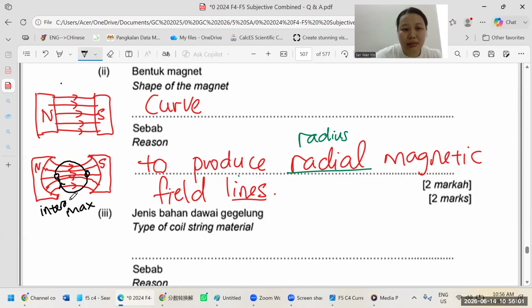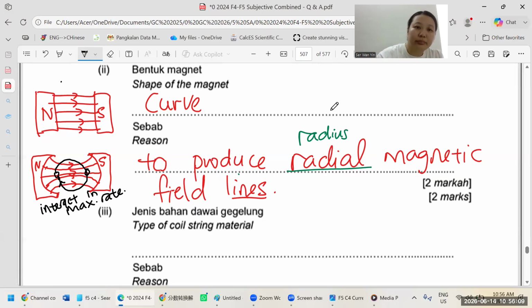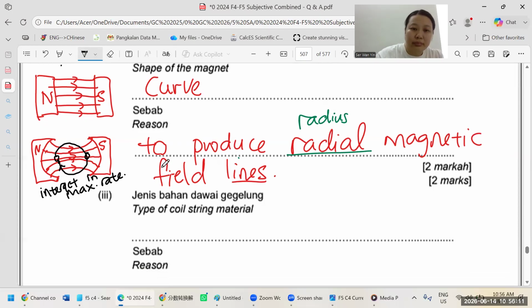They can interact at maximum rate. Okay, so remember this. This one is not stated in the textbook. It is called radial magnetic field lines.